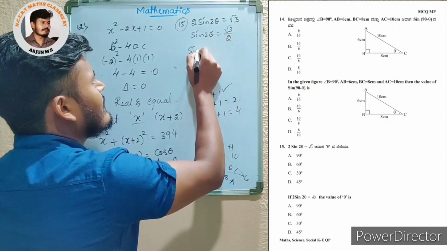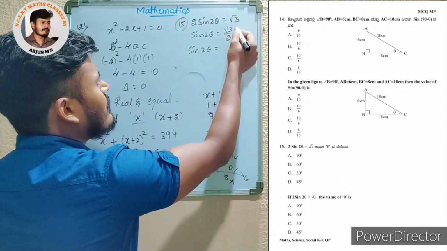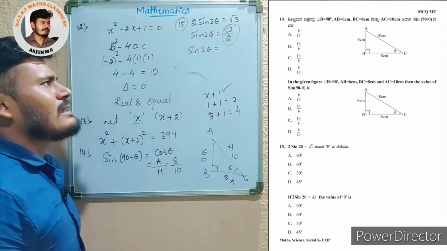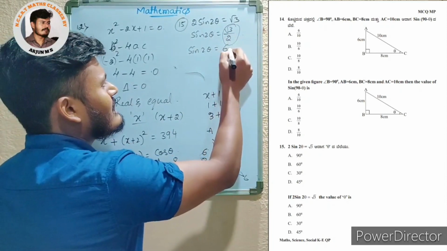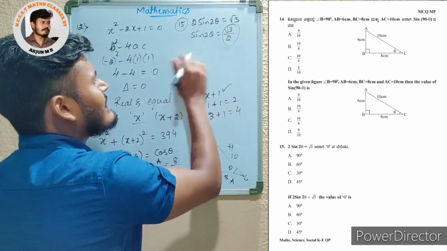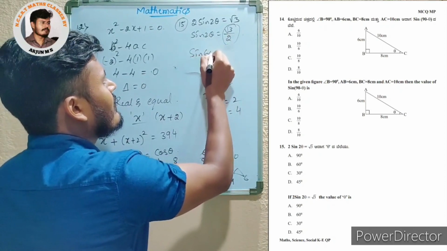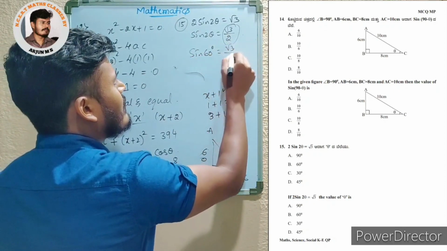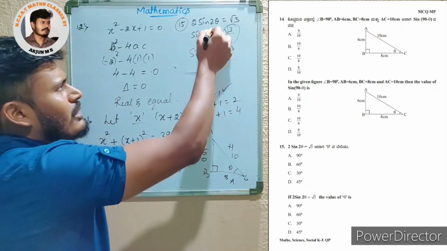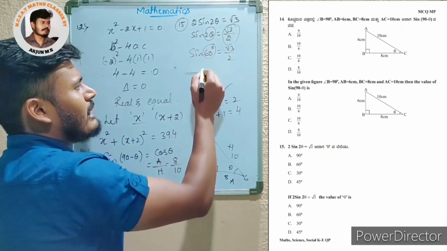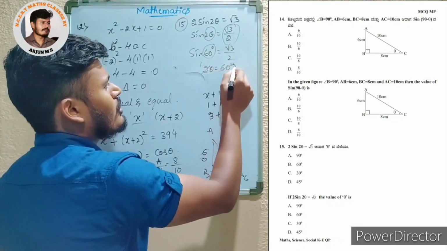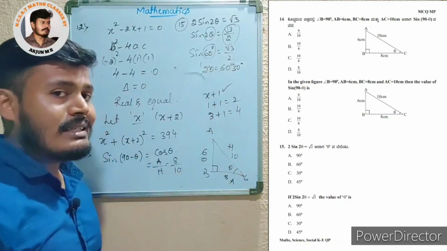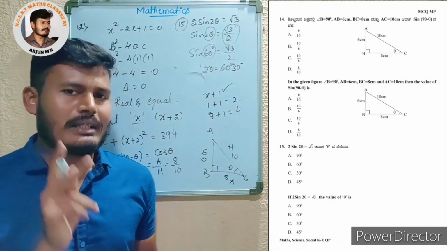We know from the standard table that sin 60 degree is equal to root 3 by 2, right? So both are the same. Here 2 theta means 60 degree. 2 theta is equal to 60 degree. 2 ones are 2, 2 thirties are 60. So the answer is theta is equal to 30 degree.